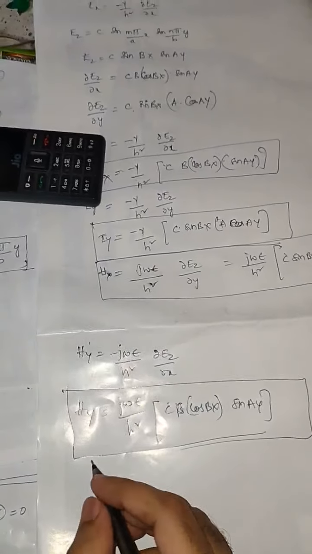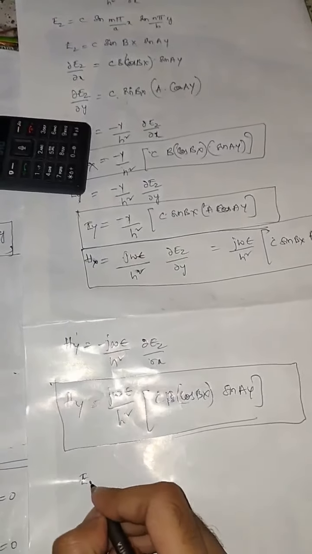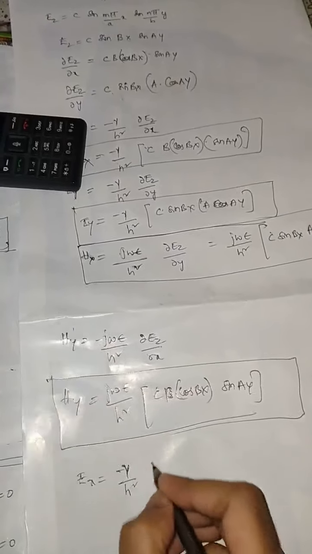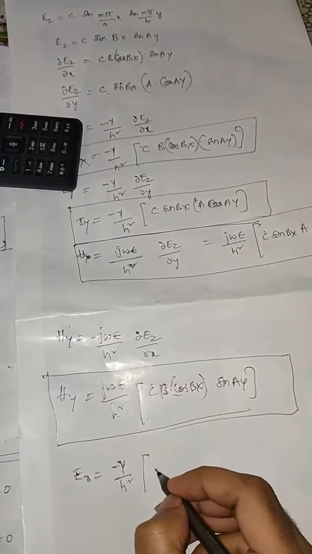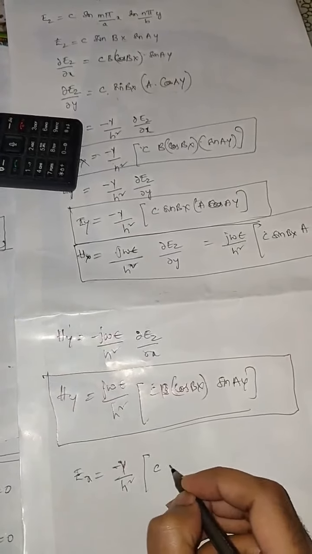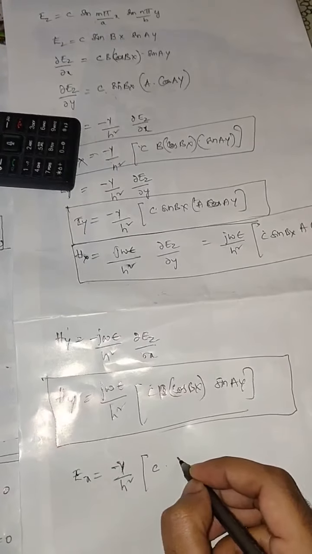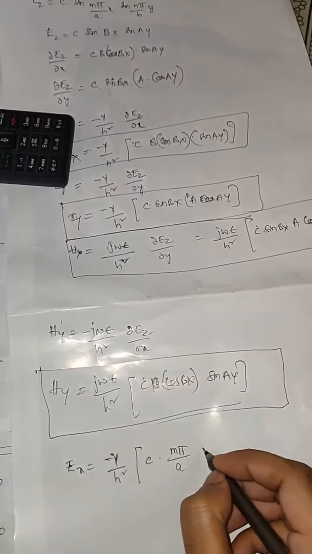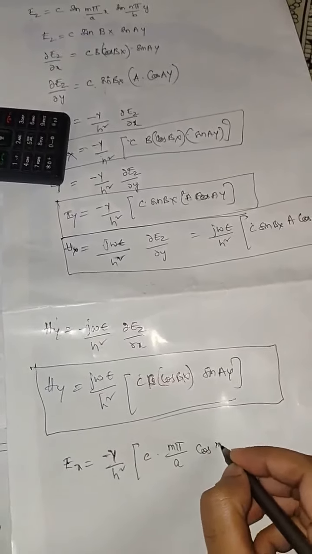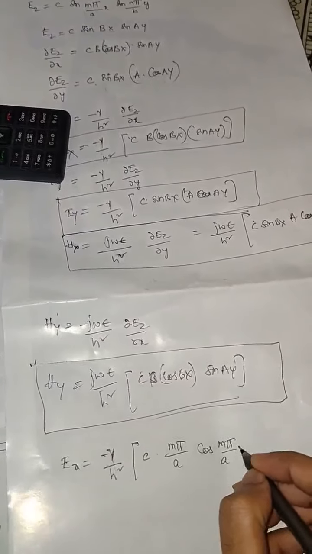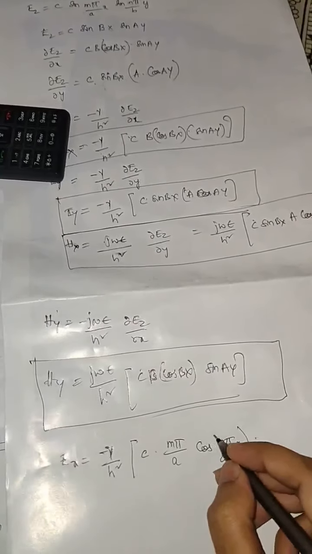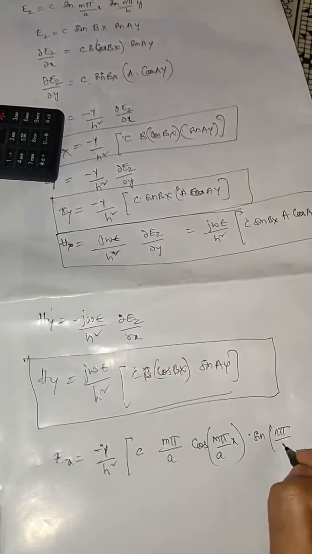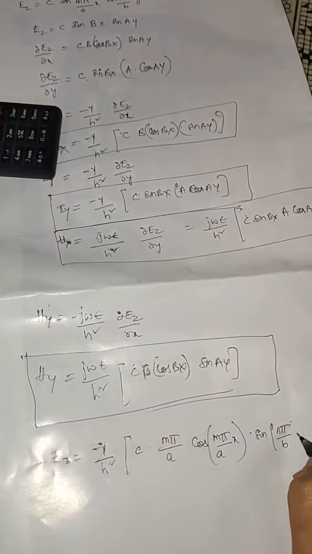Now substitute the values of a, b, c, and again I am writing the equation. So Ex is gamma by h square, C multiplied with b; b is nothing but m pi by a, cos of m pi by a x, sin of n pi by b y.